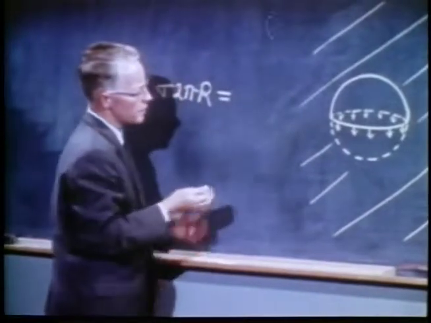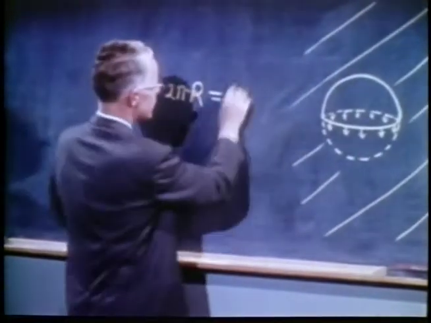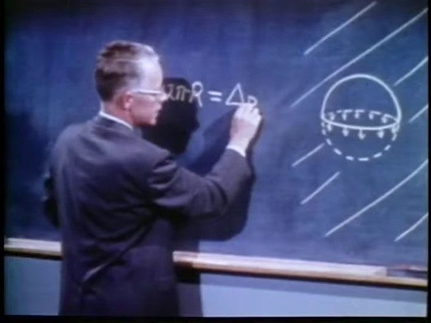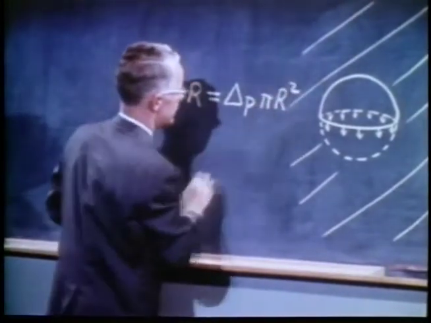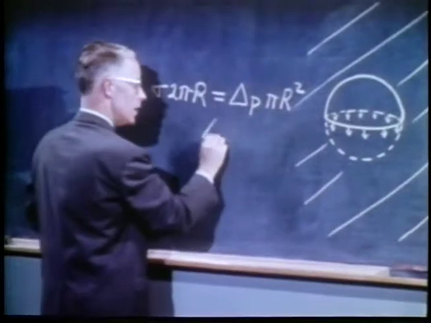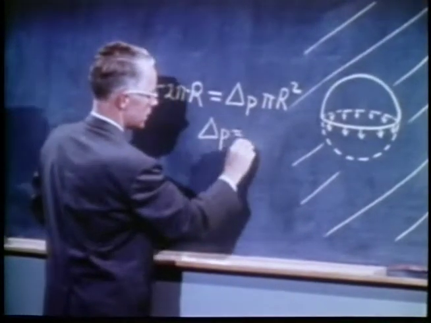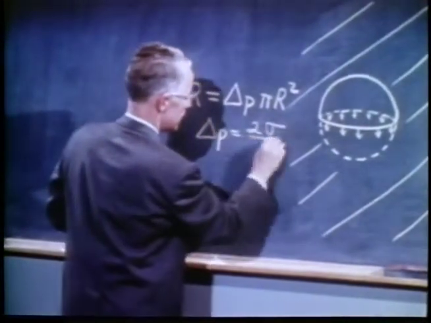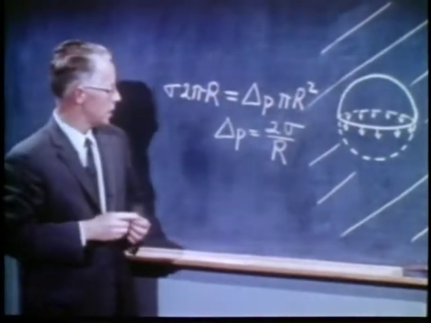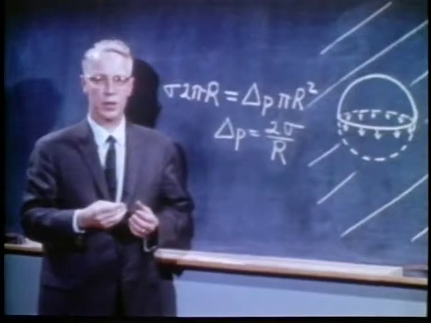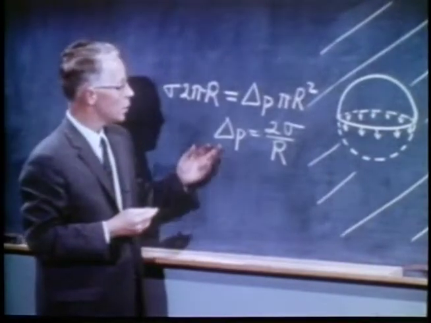That must be balanced by an upward force, the pressure difference, times the area at the equator. This simplifies to the pressure difference equaling twice the surface tension divided by the radius of the bubble. A soap bubble, because it has both an inner and an outer surface, would have a pressure difference twice as large.